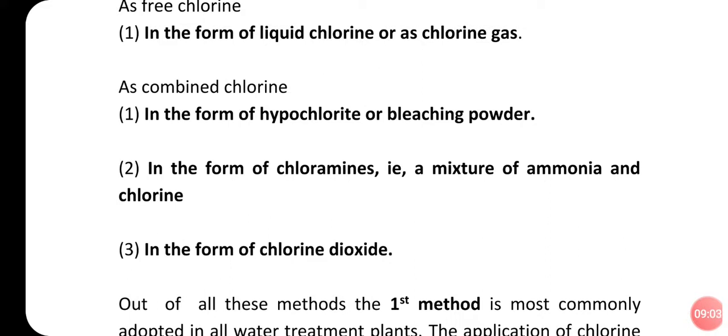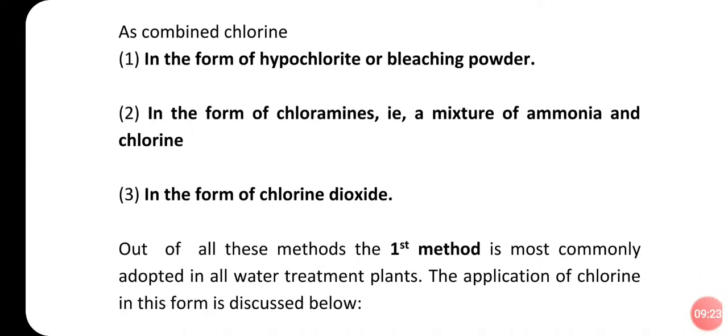So yesterday we discussed chloramines, that is monochloramine, dichloramine and trichloramine. All these work in the water under different pH values of the water, for effectively killing the bacteria. So this form is useful. And the third one is in the form of chlorine dioxide. So even chlorine dioxide is also directly added.